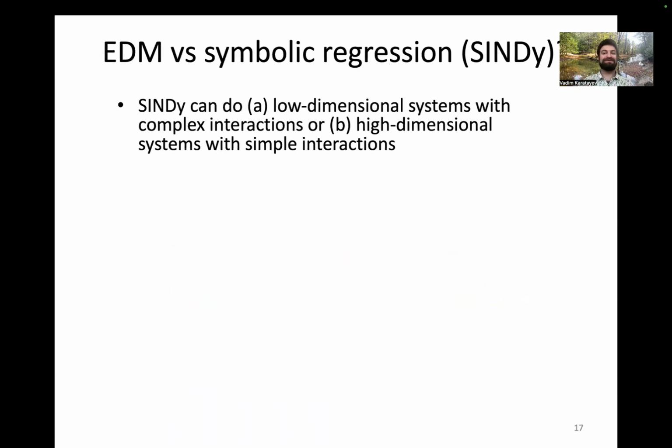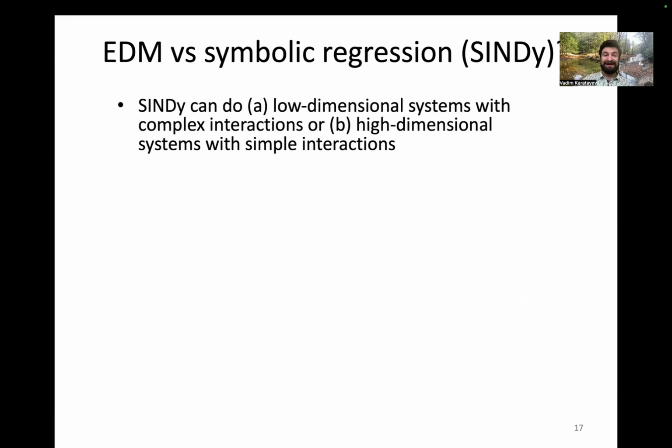A little bit of one more side note comparing EDM to symbolic regression. Symbolic regression can do very well, with the premise of giving us the actual equations without having to guess them. It performs well in low-dimensional systems, where you can have complex interactions and check many possible interaction types.